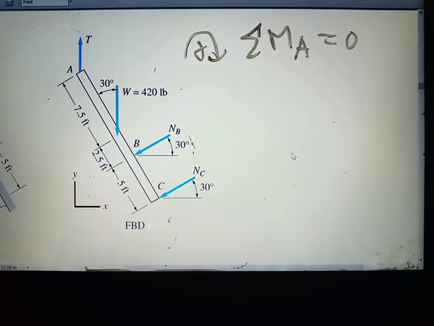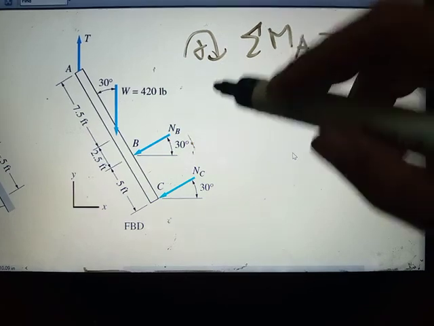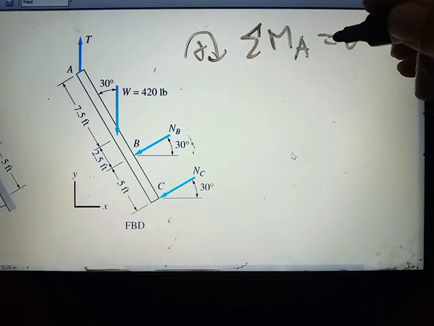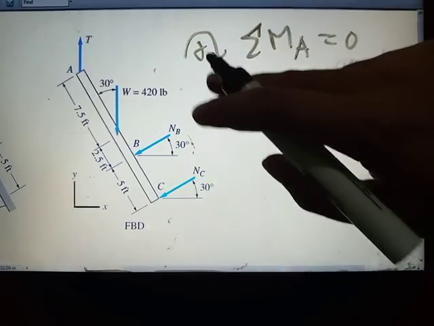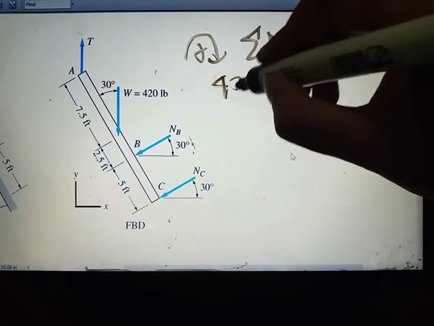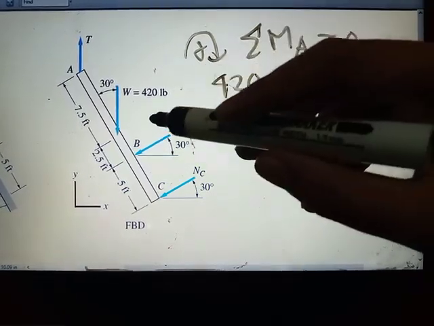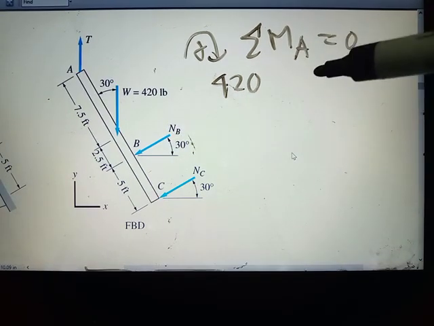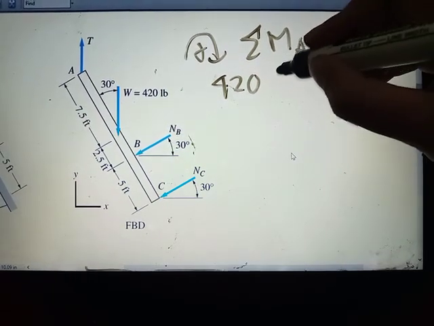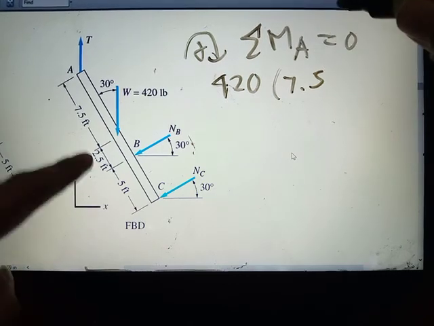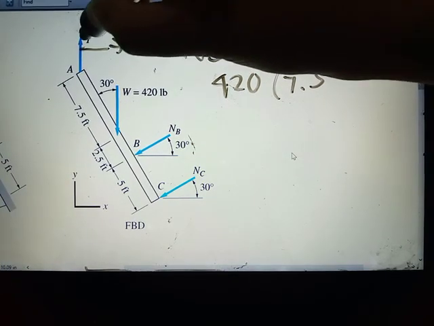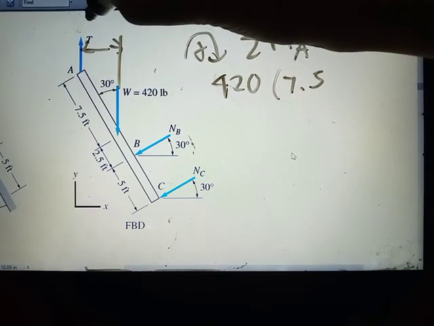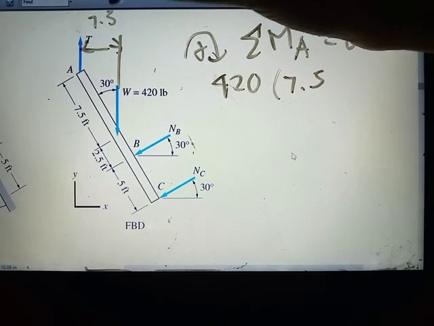Since clockwise is positive, this W is positive too. So, W, which is 420, you multiply by the moment arm. What is its moment arm? It's not 7.5 directly: since this is vertical, it should be horizontal.